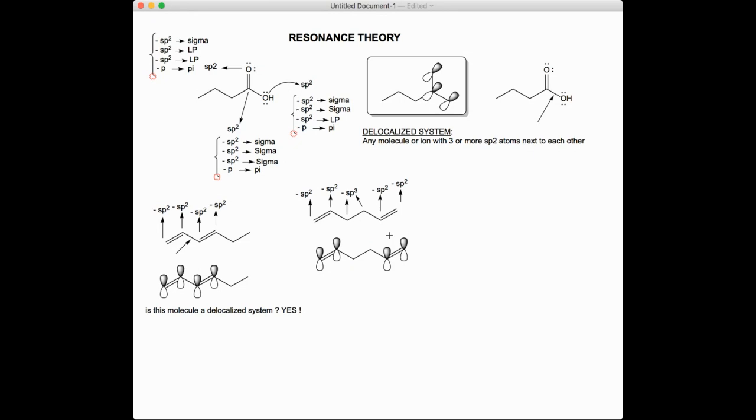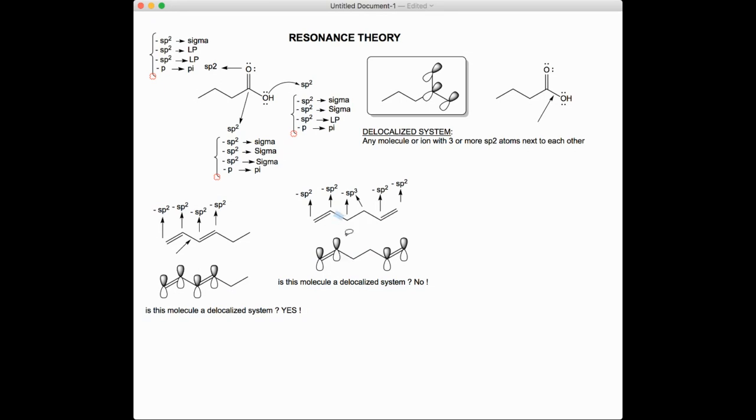So that is correct. The molecule is not a delocalized system because the maximum number of sp2 atoms that we have next to each other is 2, and we need 3 or more. So once again, if you compare these two representations, in this Lewis structure I see pi bonding between these two carbons, which is the overlapping of these two p orbitals, and there is nothing shown here, but really there is nothing here either.